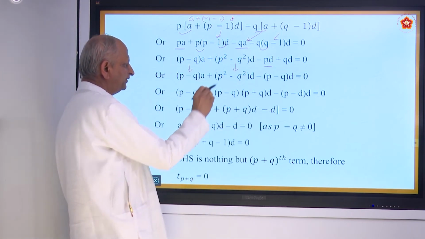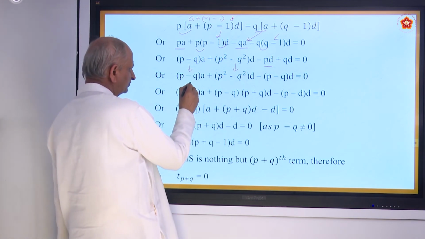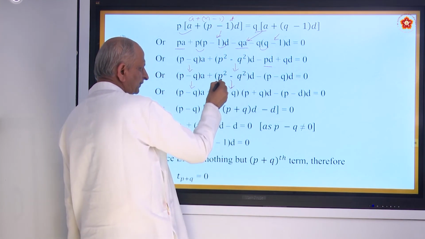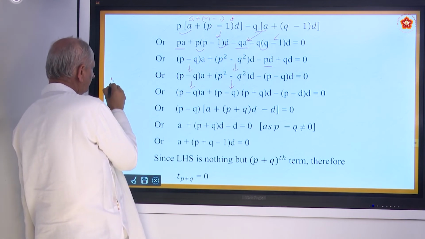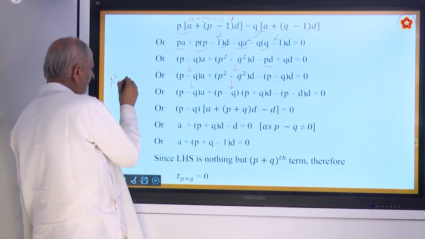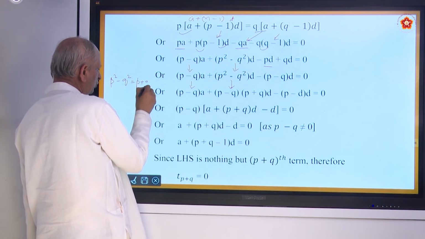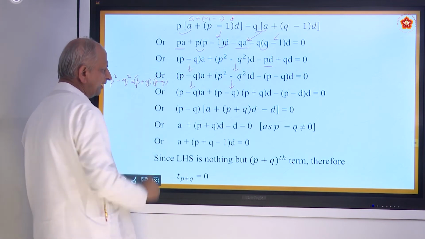In all this, one item is common. So this you can split up using the A squared minus B squared formula. What is A squared minus B squared? Here you have P squared minus Q squared is equal to P plus Q into P minus Q, that you are using as a formula.